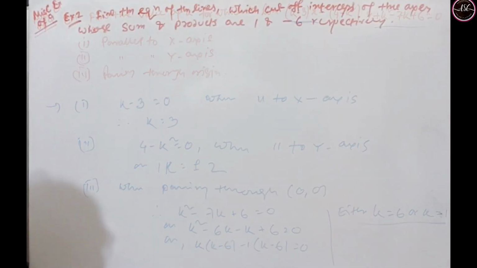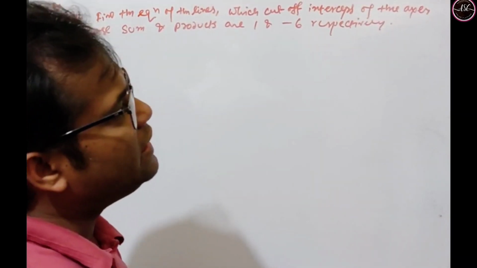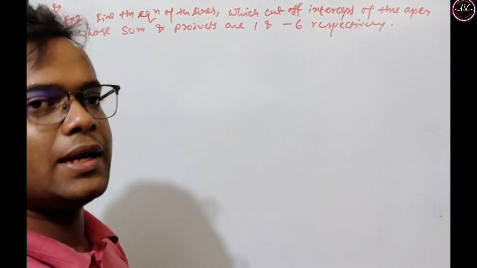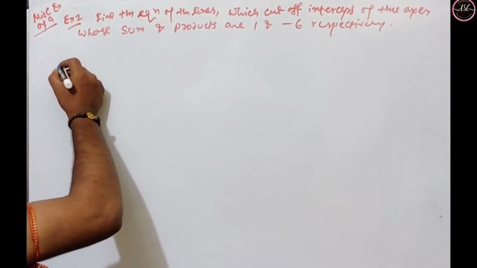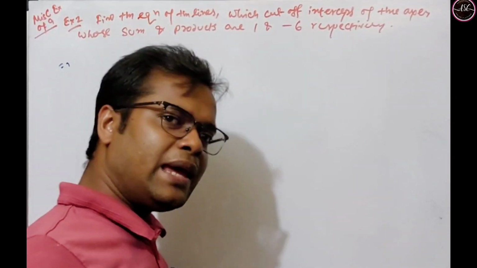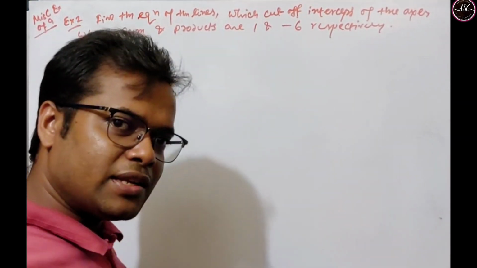Okay, then look at this question. Find the equation of the lines which cut off intercepts on the axes whose sum and product are 1 and minus 6 respectively. Okay, so the basic intercept form of a straight line is x by a plus y by b equal to 1, where the x intercept is a and the y intercept is b.